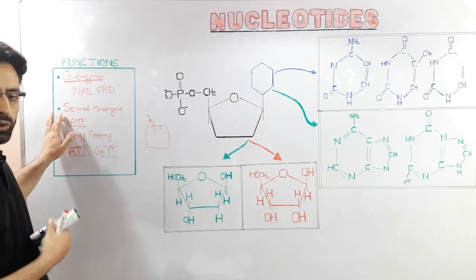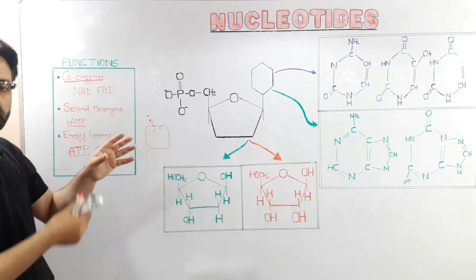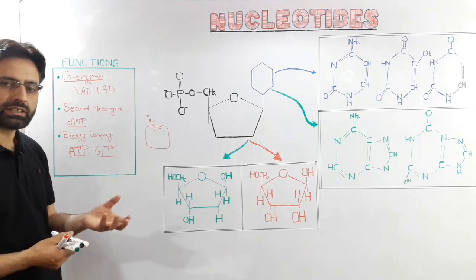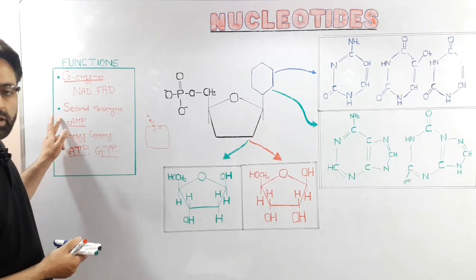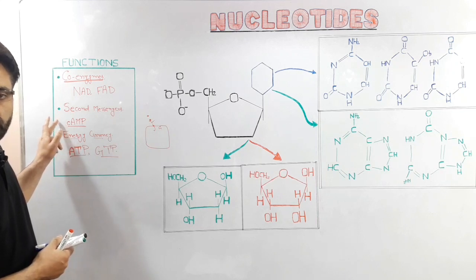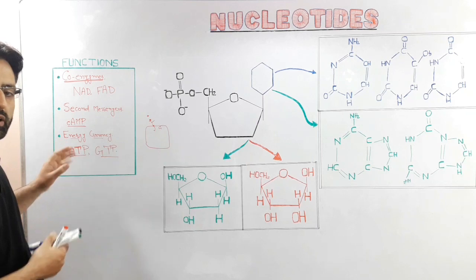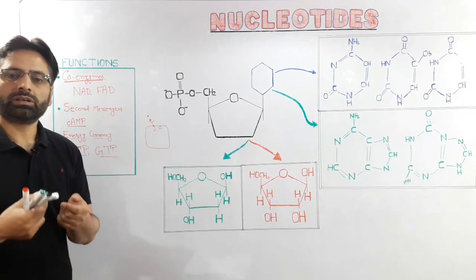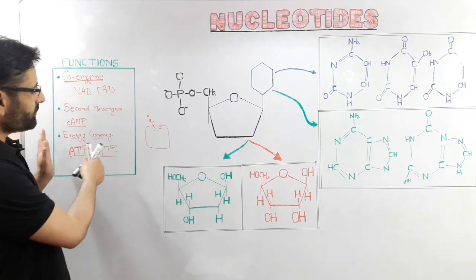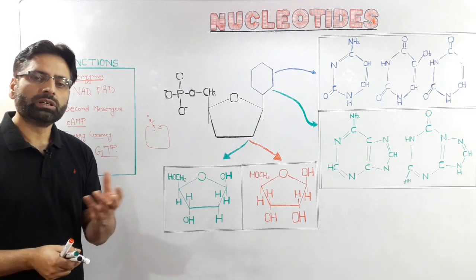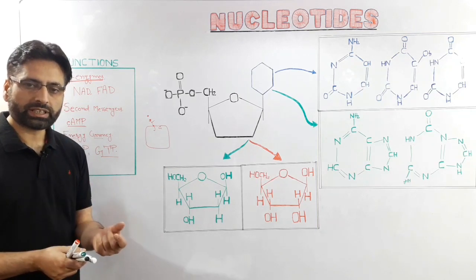They can also act as second messengers. That is, they play a very important role in cell signaling, for example cyclic AMP. Besides that, they are the main energy currency in cellular metabolism. So these are the functions in addition to acting as the basic building blocks of nucleic acids.